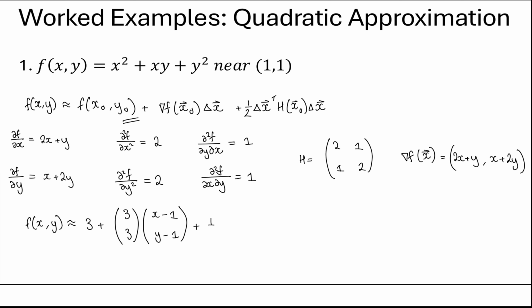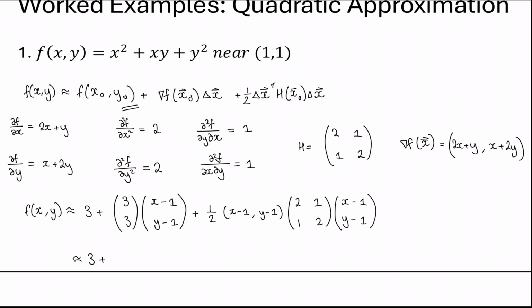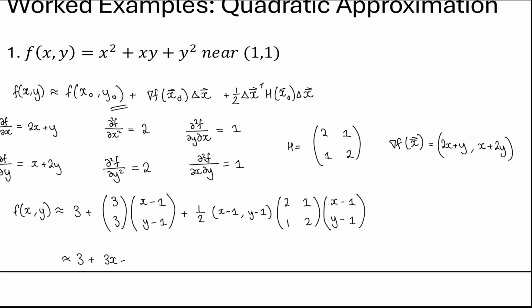And then this is going to be plus a half, (x minus 1, y minus 1), times the Hessian, which is 2, 1, 1, 2, and then (x minus 1, y minus 1). If we now expand everything out, 3x minus 3 plus 3y minus 3.